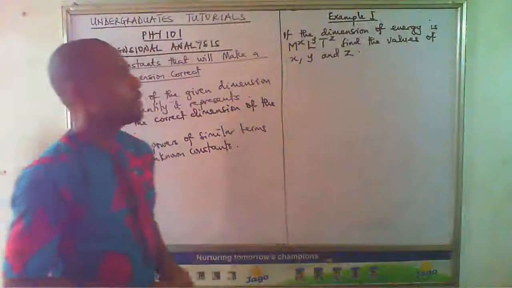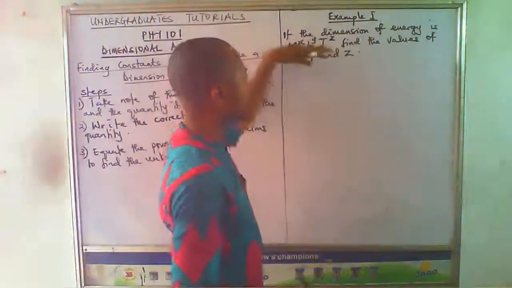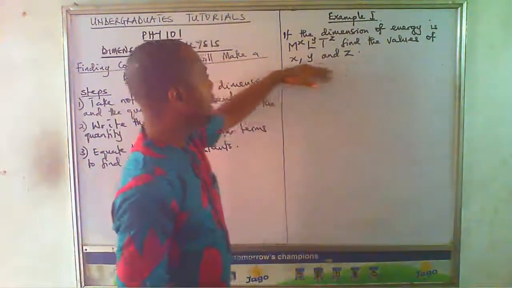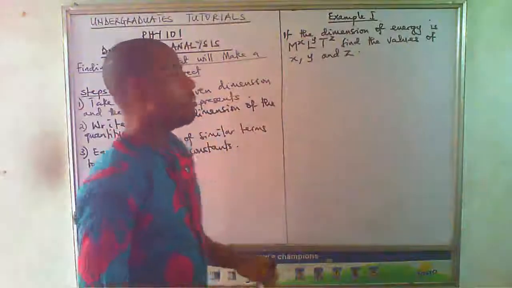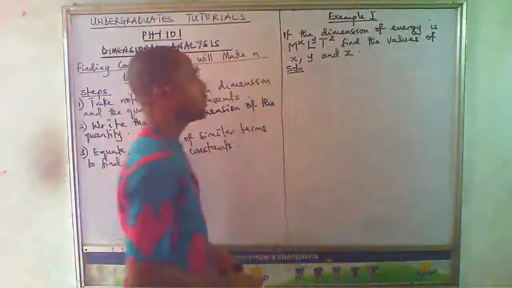So that's the dimension of energy, and we are asked to find the values of x, y, and z that will make this the dimension of energy. So we begin. Let's solve this.